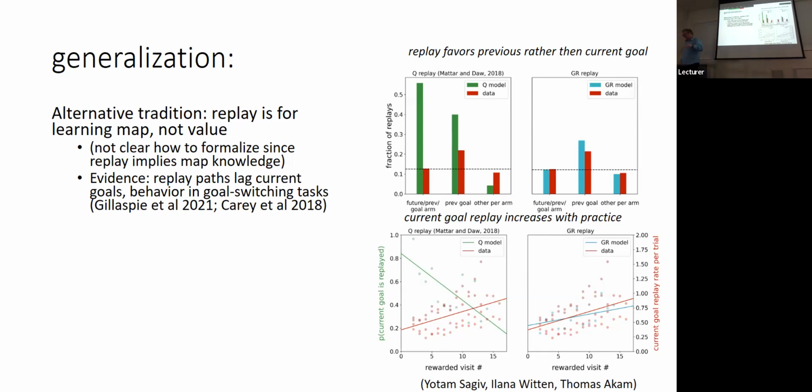It's got like 6 different tunnels, and the animal has to run down different ones at different times to get reward. And what they see is that hippocampus, instead of, as we might have expected under the model, which is to say that basically the hippocampal replay is telling us where to go, helping figure that out, it seems to lag and represent places the animal used to like to go, but aren't relevant anymore.